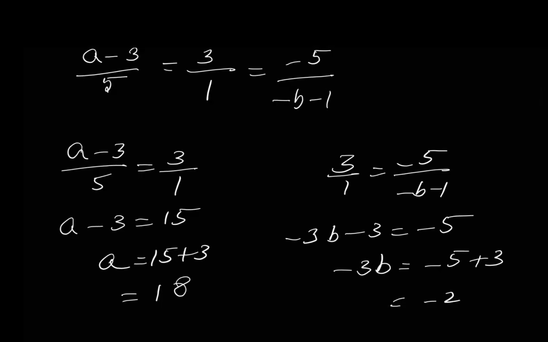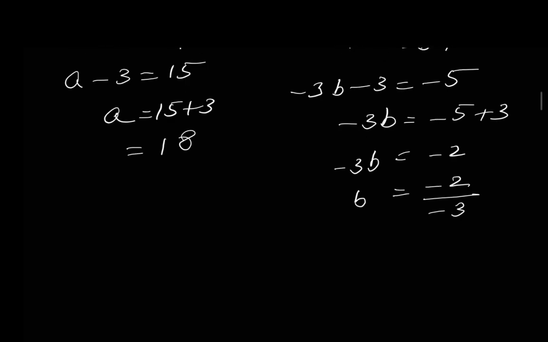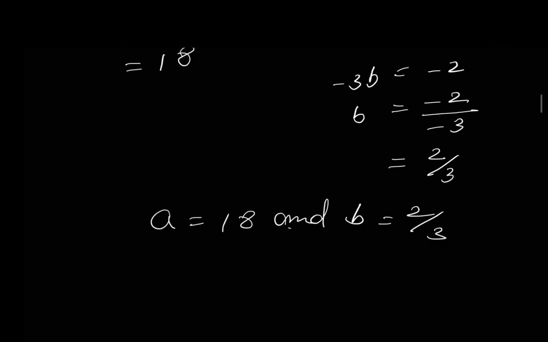This is minus 2, so minus 3b equals minus 2, so b equals minus 2 by minus 3. The minuses cancel, so b is 2 by 3. So the answer: a is 18 and b is 2 by 3. This is the answer. Next sum.